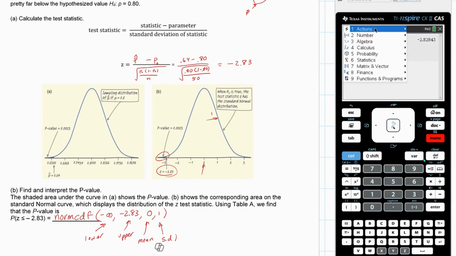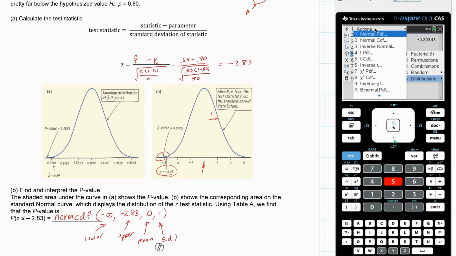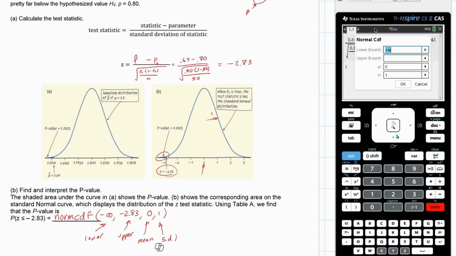So menu, probability, which is option number 5, distributions, 5 again, normal CDF, lower bound negative infinity, upper bound of negative 2.83, and then it defaults to a mean of 0 and a standard deviation of 1.